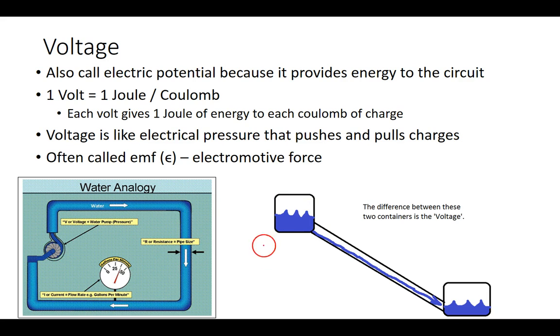If you think of voltage as increasing energy, a battery might raise up the charges to a higher energy level, and then as they flow through the circuit, they're going from higher energy to low energy, and this would be from one end of the battery down to the opposite end of the battery. You'll often see this called EMF, electromotive force. So again, you can see this term, this force, where you're pushing these electrons through the circuit.